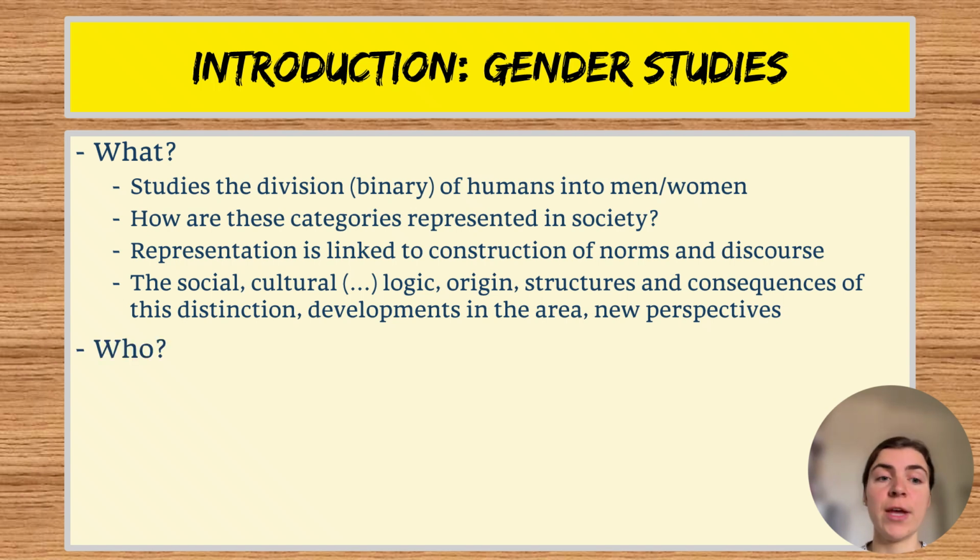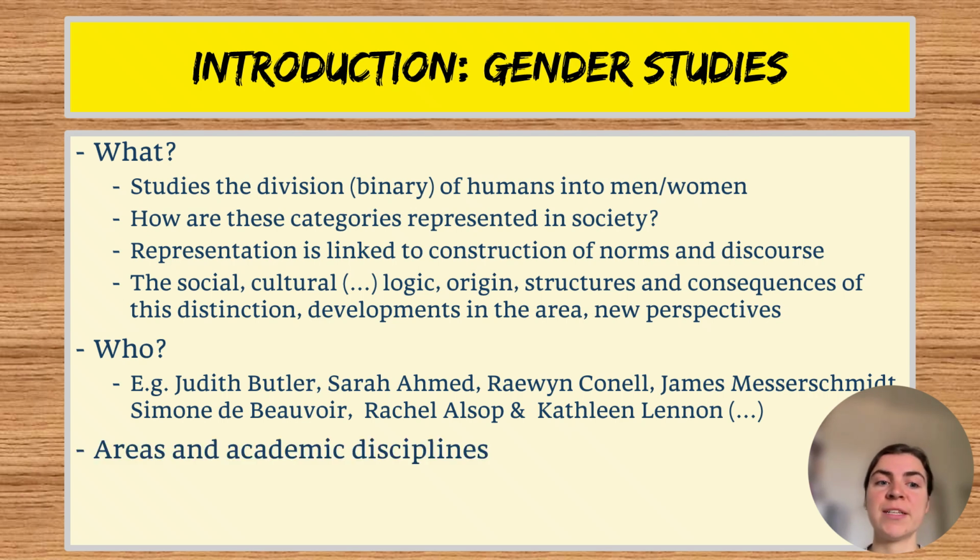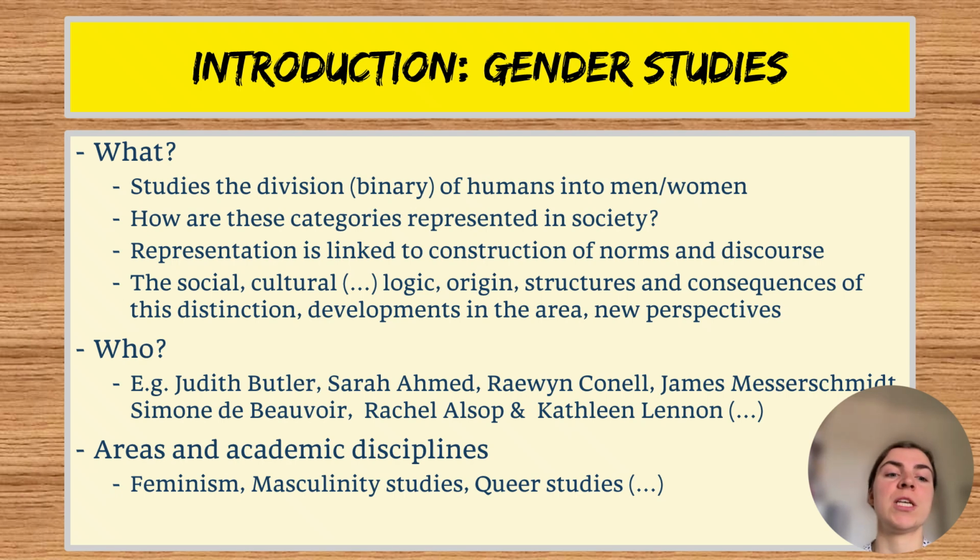Now, let's have a look at a few names associated with gender studies. You can read them for yourselves. If you have read about some of them, you might stumble upon the fact that they are not associated with gender studies in general, but rather with subfields and different topics within the whole area. This is why I also decided to look at areas and academic disciplines associated with gender studies, for example feminism, masculinity studies, and queer studies.